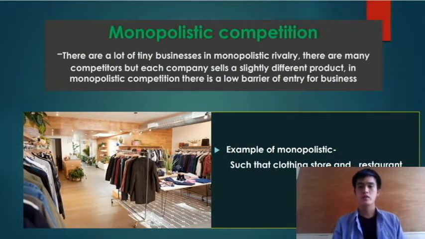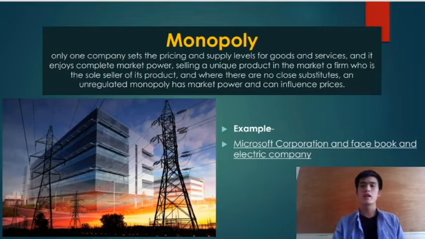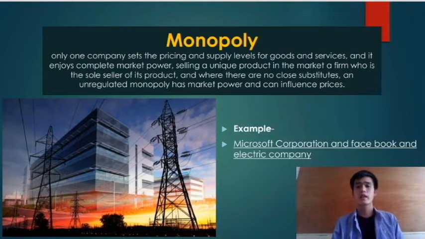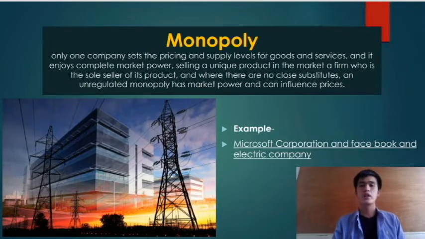We can go now to the third type of competition in economics, the monopoly. In a monopoly, only one company sets the pricing and supply levels for goods and services, and it enjoys complete market power, selling a unique product in the market. It is a firm that is the sole seller of its product, where there are no close substitutes.